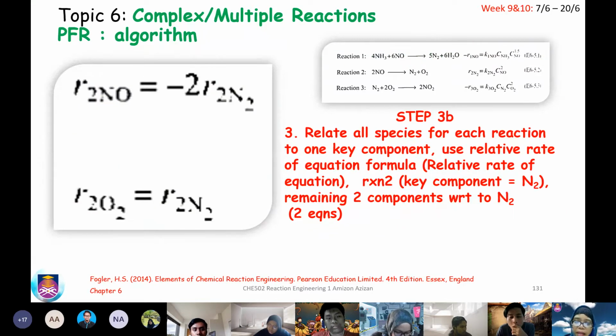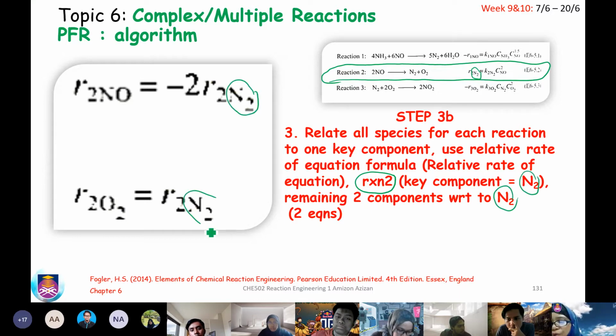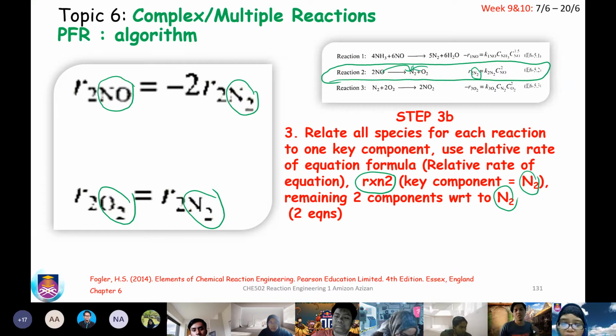Step number 3B, same thing, but here for reaction number 2. We are going to write the other species relative to the key component. What is the key component? Nitrogen. So use the relative rate equation to compare it to the other species, in this case NO to nitrogen and oxygen to nitrogen.